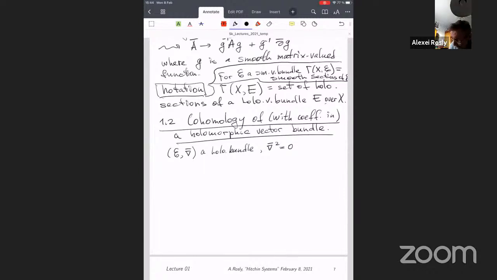In more detail, we have spaces of sections: smooth 0-forms with values in the smooth bundle E, which means simply sections. It's the same as this one. Then (0,1)-forms.